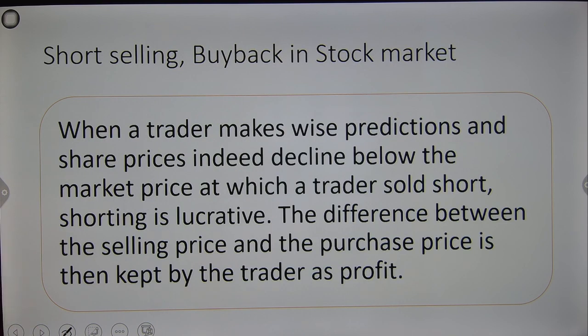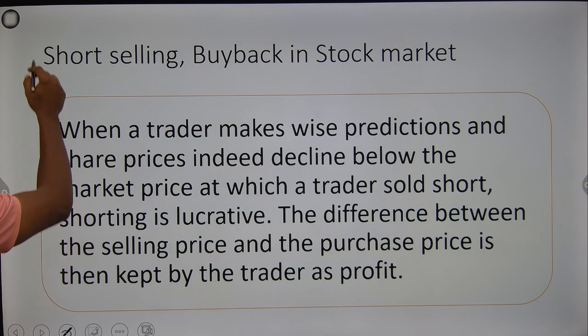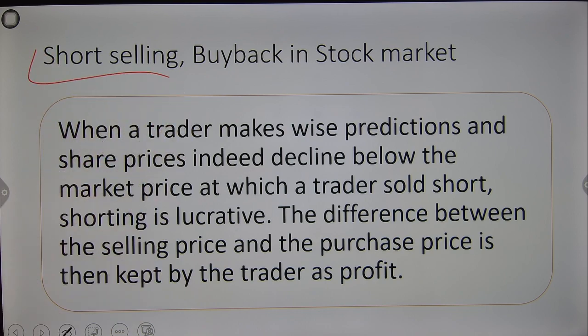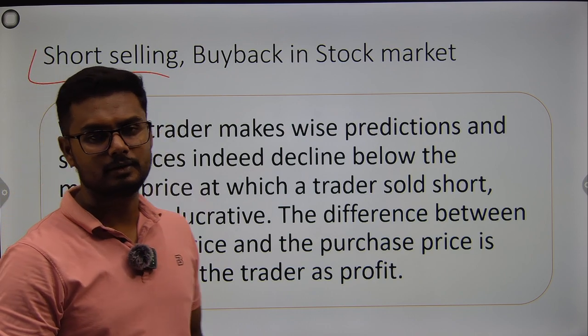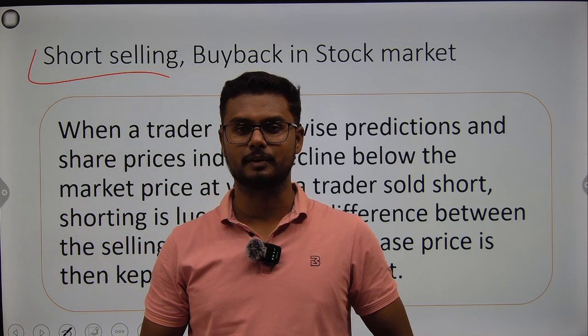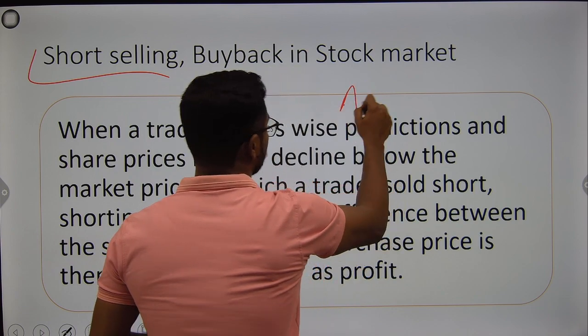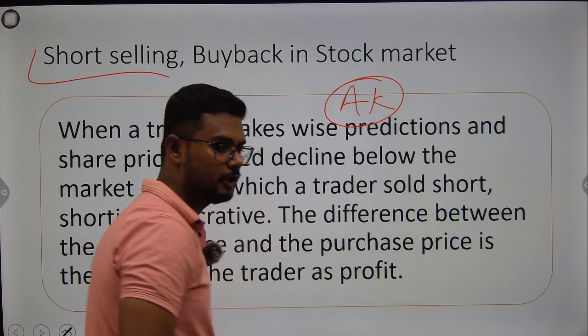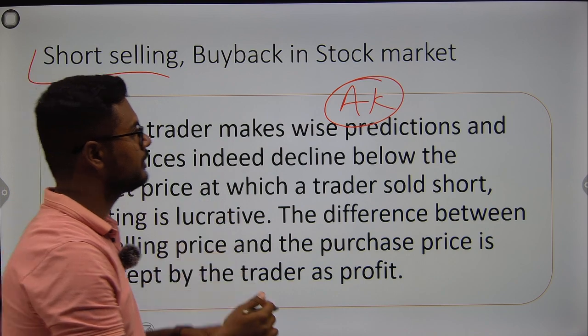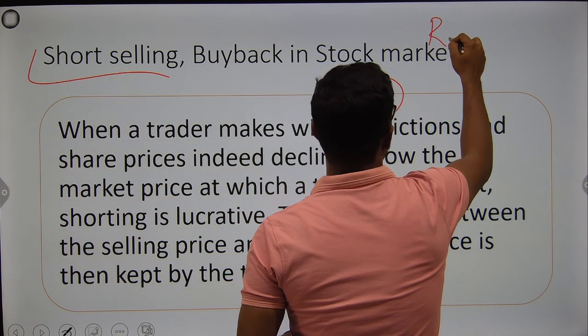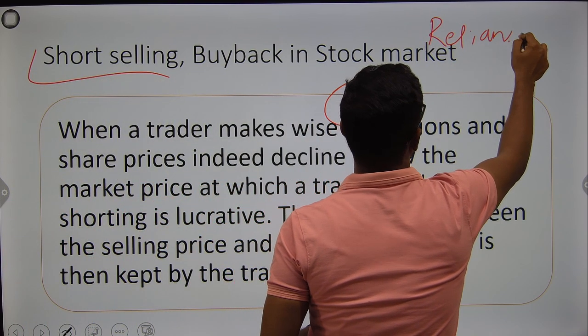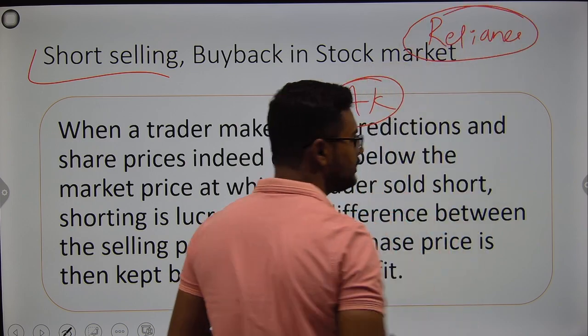Next, we shall discuss short selling or buyback. What do you mean by short selling? See, short selling is nothing but wise prediction or guessing. Suppose, let's say, Akshay Kumar is here. Akshay Kumar is not possessing any shares, but he knows something about the shares related to Reliance company.